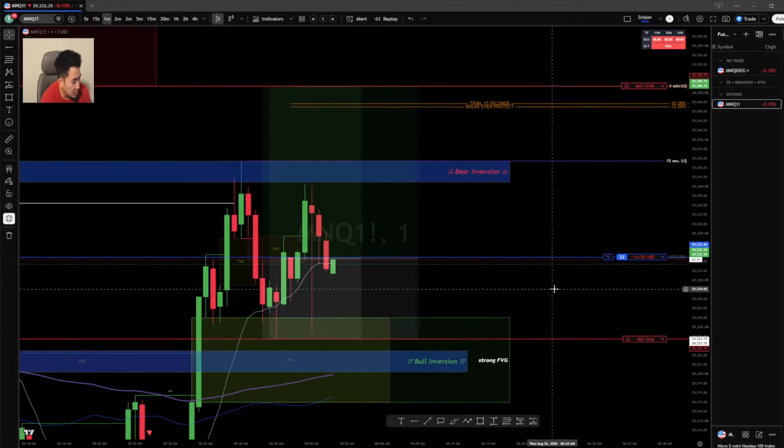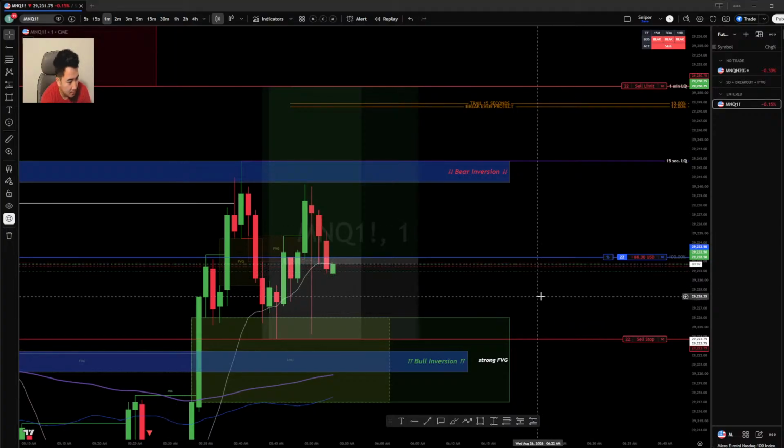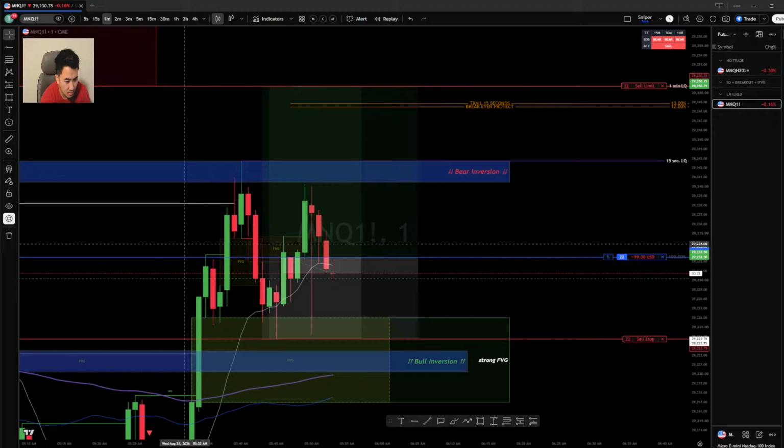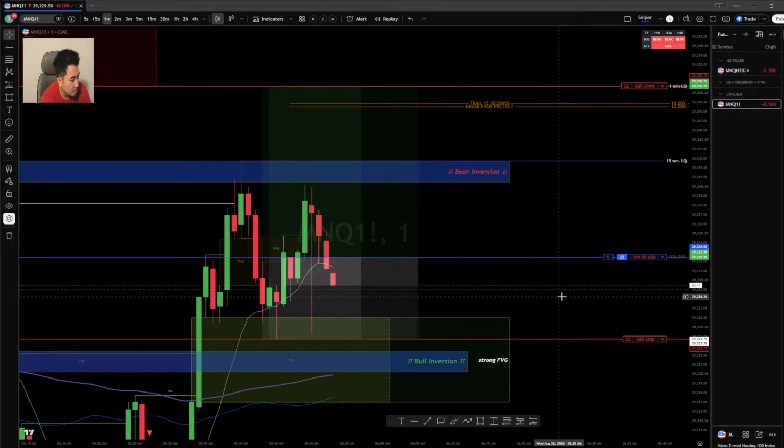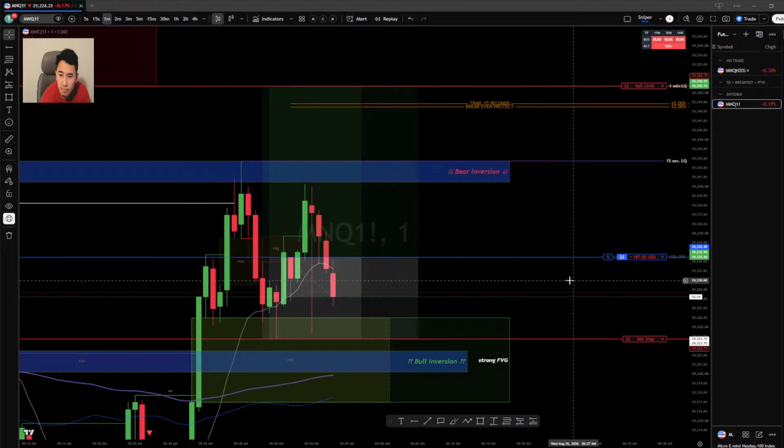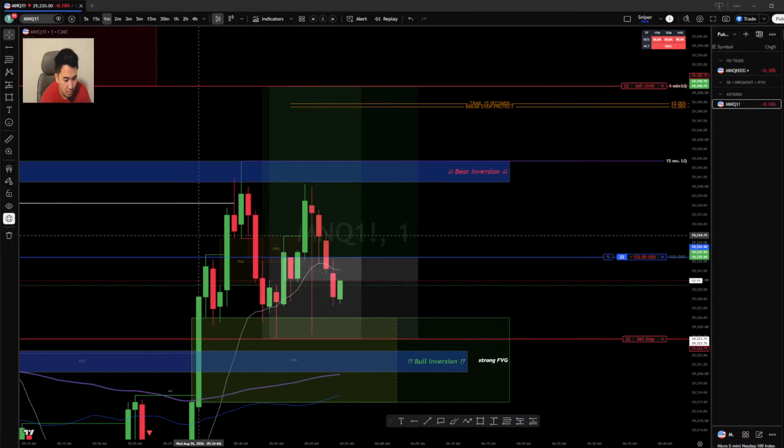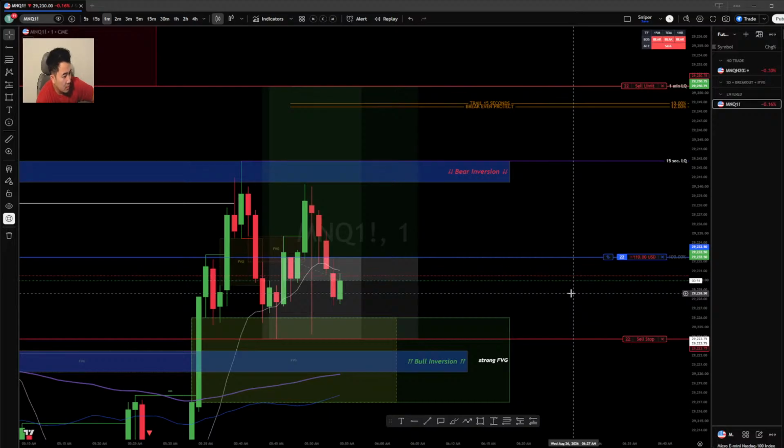This bullish inversion gets deleted since it closed over. Let's see if price can still push up. Hmm.